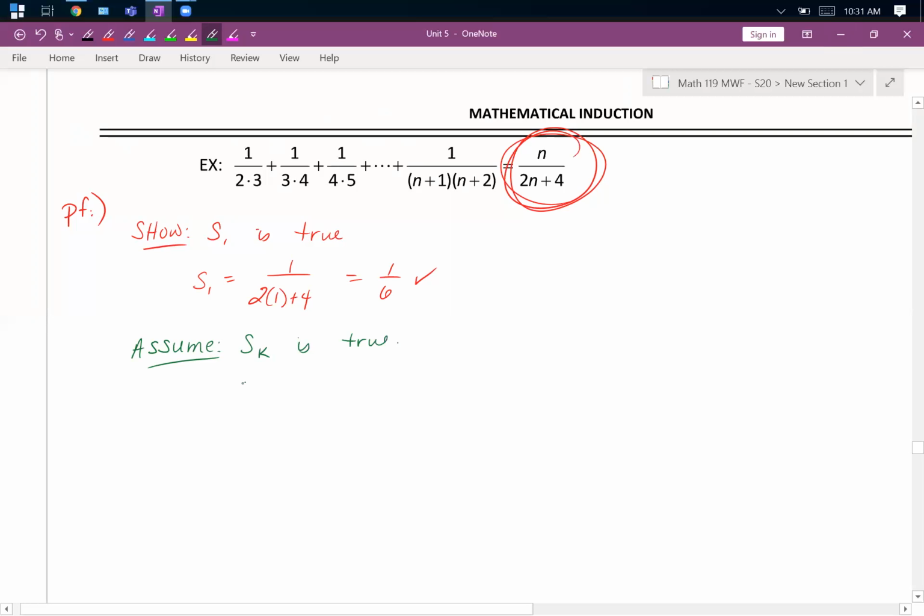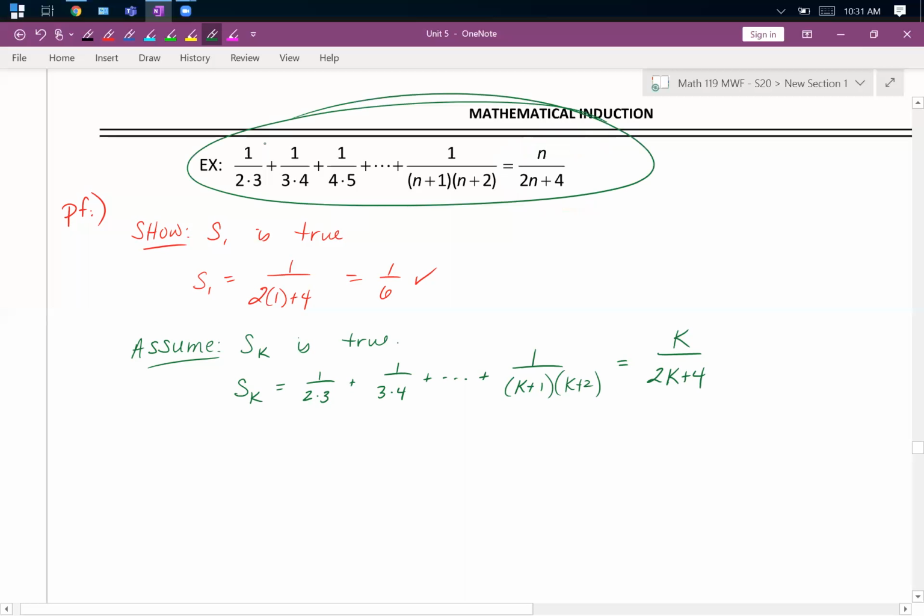And what that means is that S sub k, which is equal to 1 over 2 times 3 plus 1 over 3 times 4 plus, up to 1 over k times k plus 1, I'm sorry, k plus 1 times k plus 2, is going to be equal to k over 2k plus 4. So basically all we've done is plug k in for n in this initial thing that we're trying to prove.